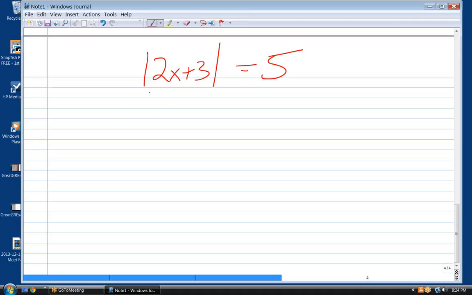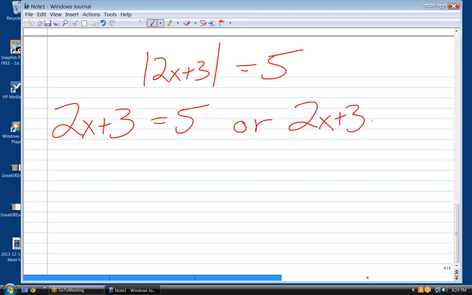But how do I solve this? What does this mean? This means one of 2 things. It's one or another. The first one is what? 2x plus 3 equals 5. Or what? Negative 2x. No, never change what's inside the absolute value.